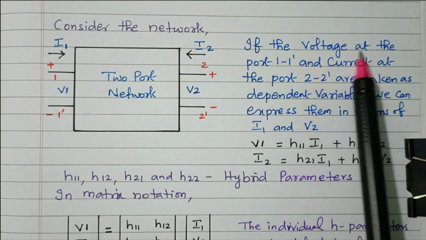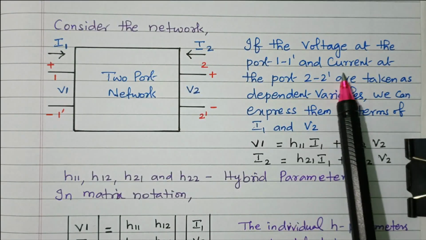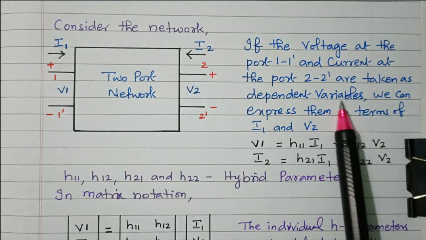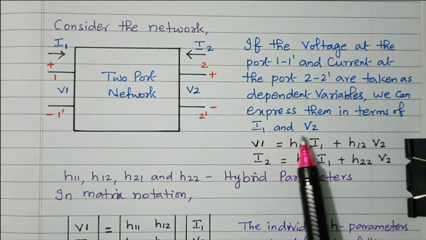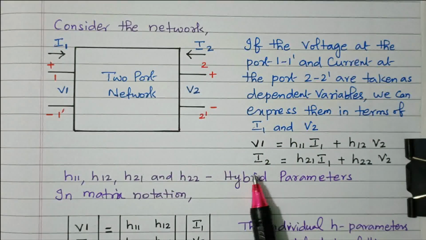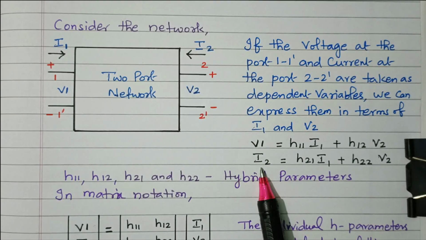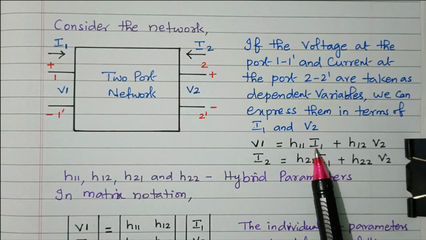So if the voltage at the input port 1 dash and current at the output port 2 dash are taken as dependent variables, we can express them in terms of I1 and V2. So V1 from the input port and I2 from the output port are expressed in terms of I1 and V2. So this is called a hybrid.